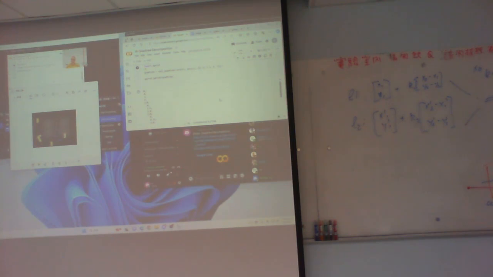Oh, and then it goes. Take that one as 2.5. And the length will be 2.